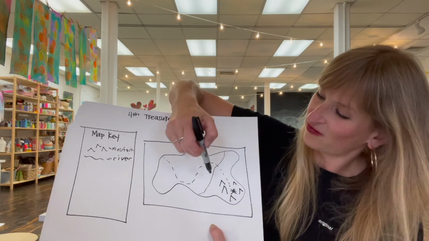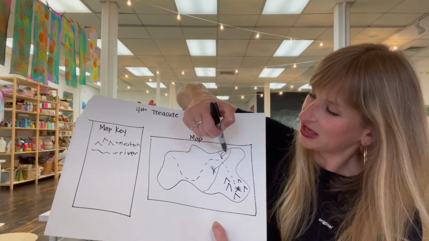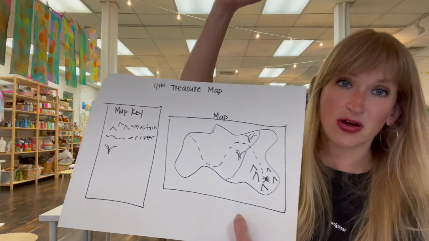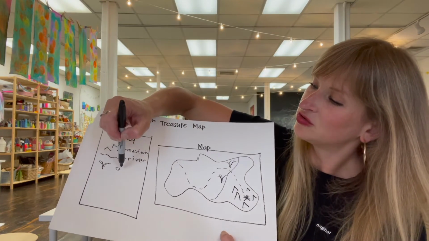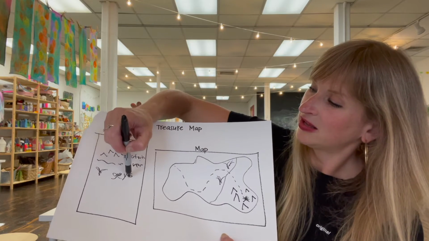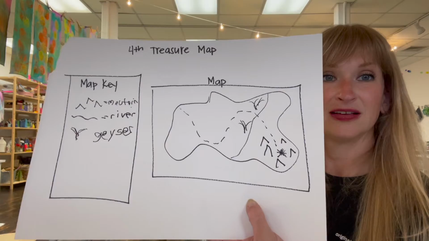Right next to the river are a couple geysers. This is a really good indication that you're heading in the right direction. So on my map key, I'm going to draw a geyser and write the label for it.